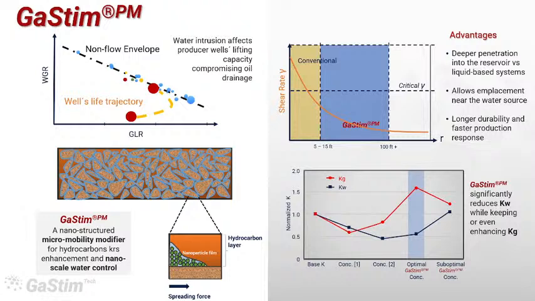And when we get to the most optimal treatment concentration, which is designed at laboratory scale prior to any operation, we can see a maximization not only of the reduction on the water effective permeability, but also of the gas effective permeability. So not only will the system see a reduction in water production, but also an increase in gas production. This is the main added value of this type of technology.